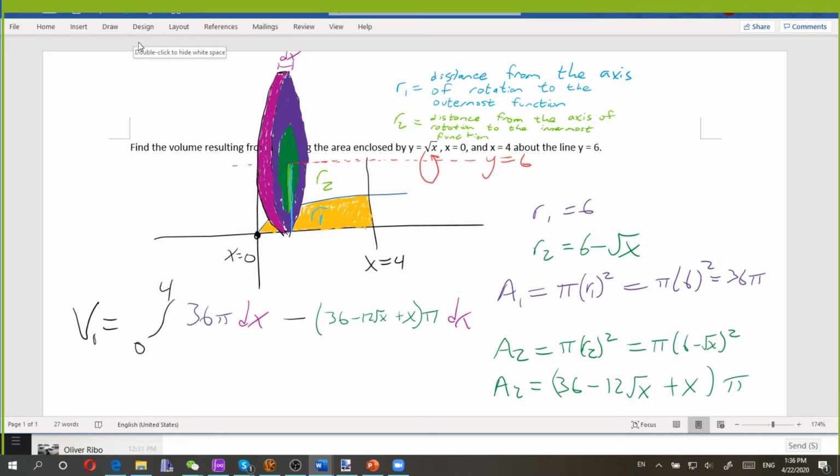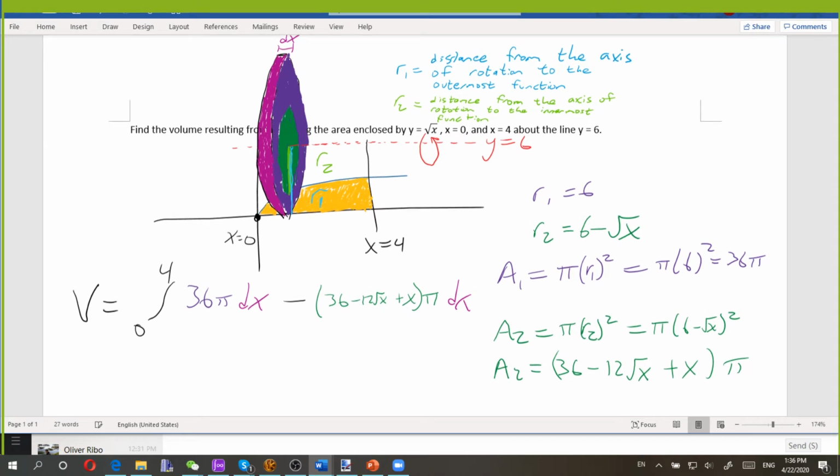Okay, so I'm going to simplify just a little bit. I've got a pi in both terms. That's a constant, and I can pull that out. This is my total volume now.